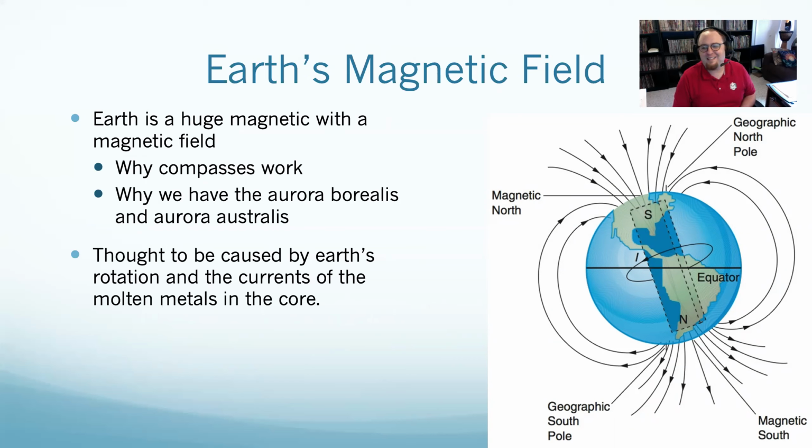But the simple way to view it, which you should take with a grain of salt because not everyone believes this anymore, some do, some don't, is that because the core of the Earth is solid and metal and is spinning, that is just like us spinning electrons, it's a spinning ball of metal that creates a magnetic field. And so the spinning molten metals of the Earth's core are going to cause a magnetic field. And Earth just looks like a big ball magnet.